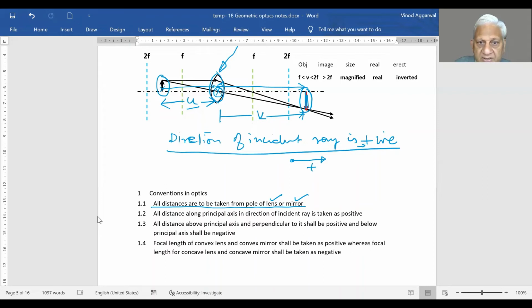And if you have to take any distance from pole in direction opposite to the direction of incidence ray, then that distance will be negative.